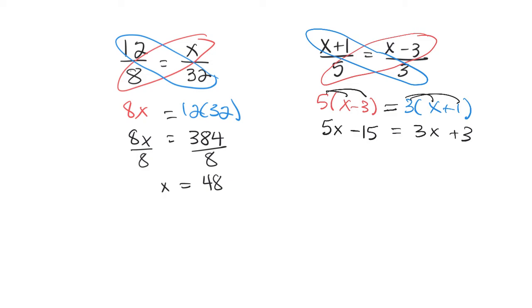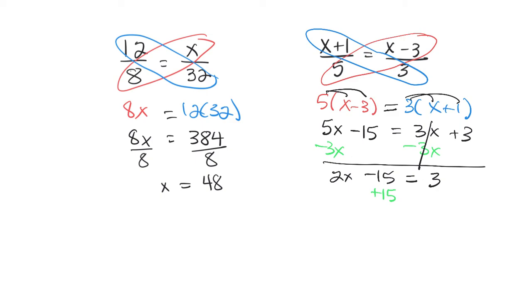Let's get all the variables together. So if I subtract 3x from both sides, I end up with 2x minus 15. The 3x minus 3x cancels out. I'm left with just 3 on the right. Then I'm going to add 15.